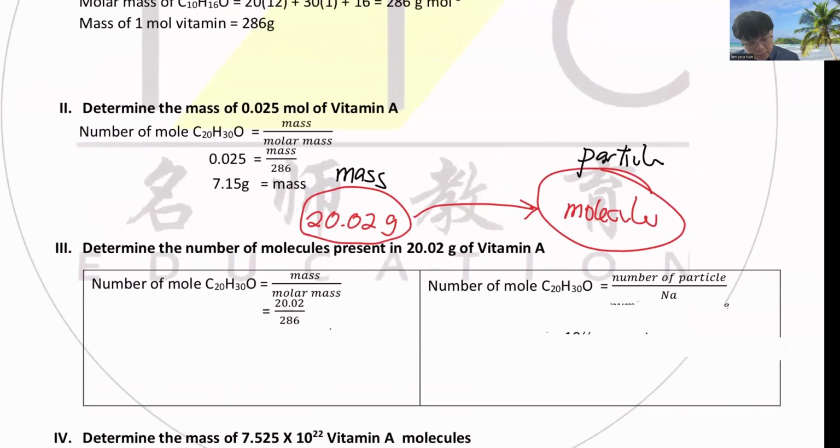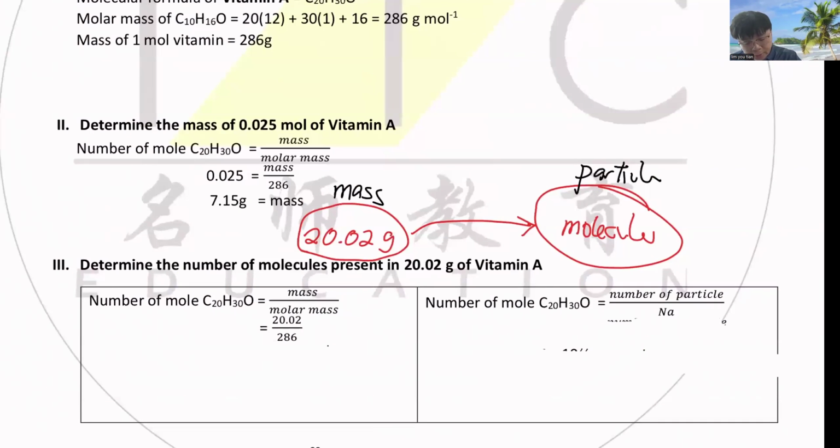So you see, if this 286 you calculate wrong, let's say in your formula you calculate one carbon less, the 286 will become another number, then you affect all the results. So remember for this question, calculate the formula twice if possible.